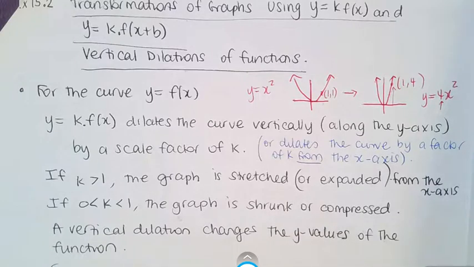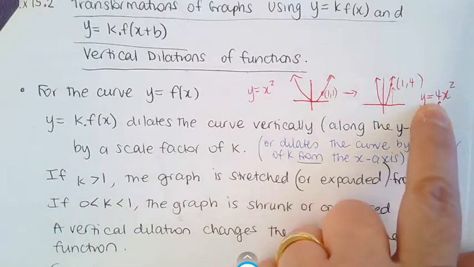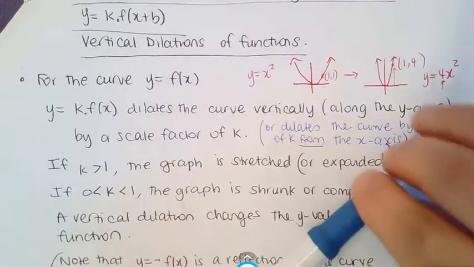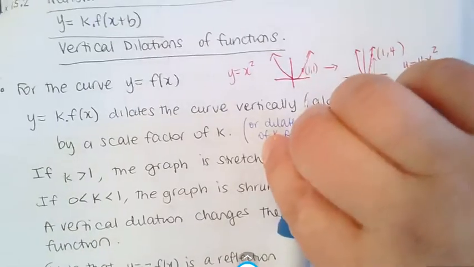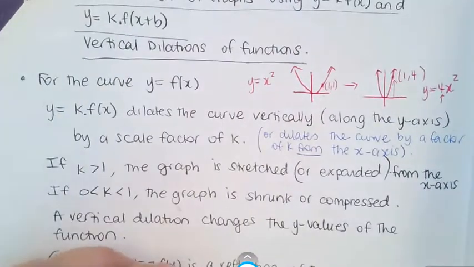Now, like I said, what you're used to seeing is something like this, where you put the constant in front. It's like when you're doing straight lines, y equals x, y equals 2x, 3x, 4x, it gets steeper. y equals x squared, 2x squared is steeper, 3x squared, 4x squared is steeper. Okay?